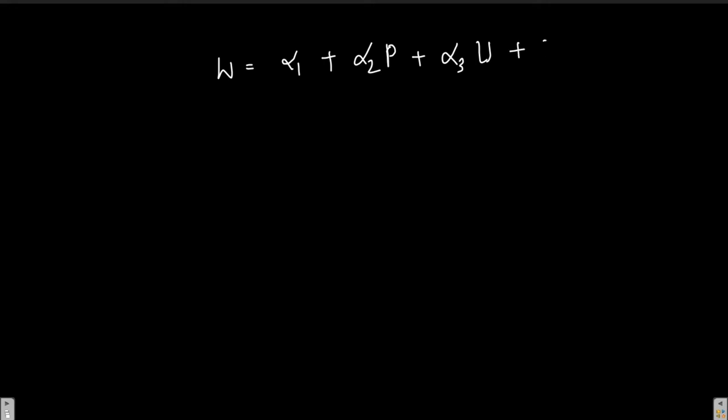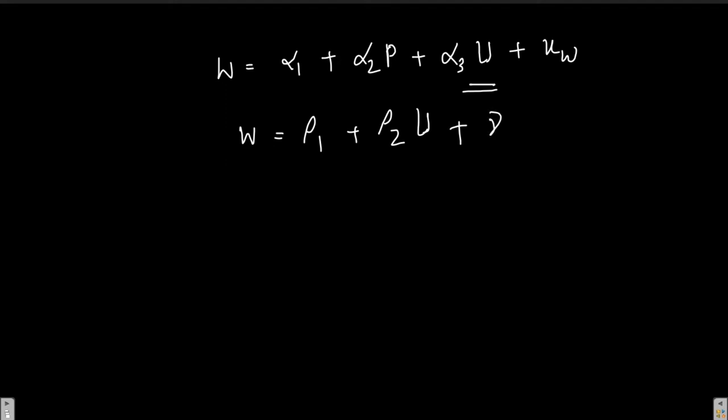Now here for IV, in the first stage, I'm just going to use U as my Z. So I'll write this equation: W is equal to rho 1 plus rho 2 U and some other error term, let's say nu. I'll be repeating all these error terms.